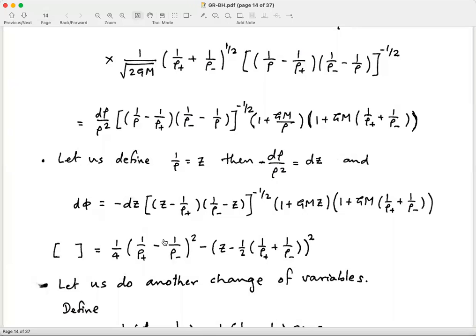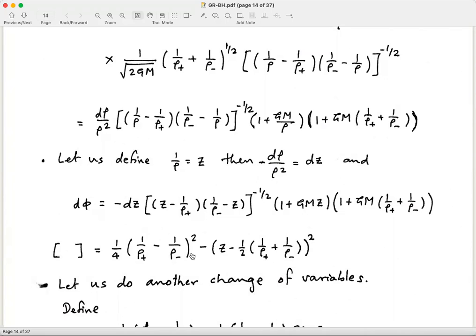Now the square bracket that we have can be manipulated and written in a particular form. You can write that as 1/4 times (1 over rho plus minus 1 over rho minus) squared minus (z minus half of 1 over rho plus 1 over rho minus) whole squared.